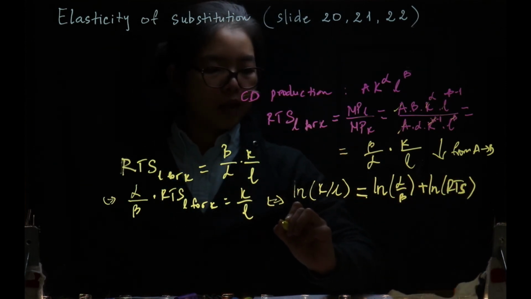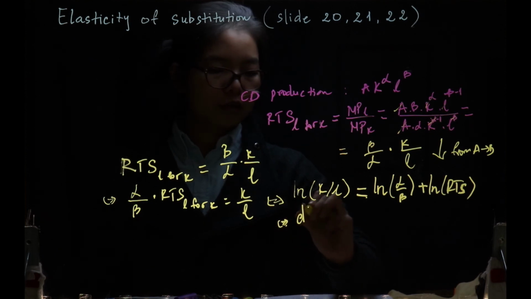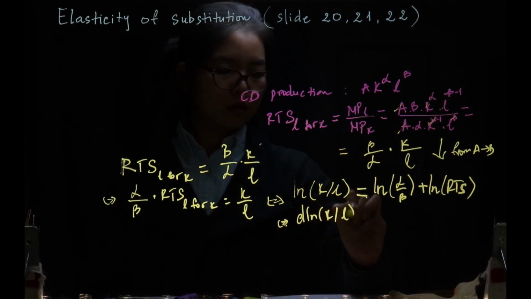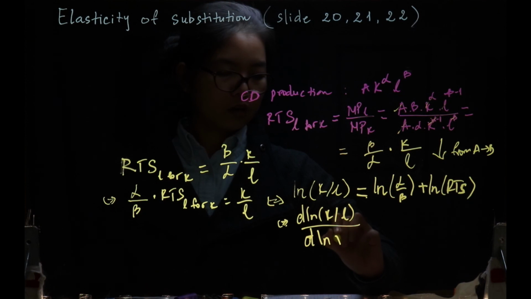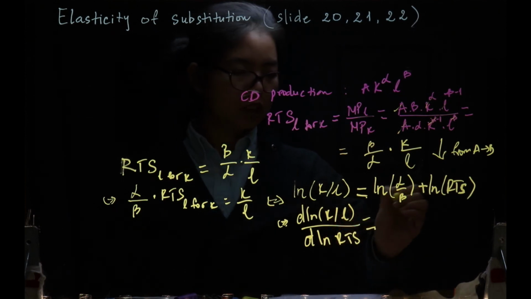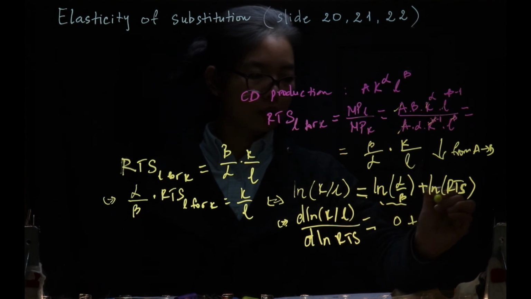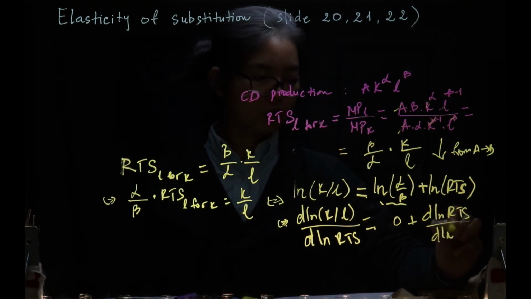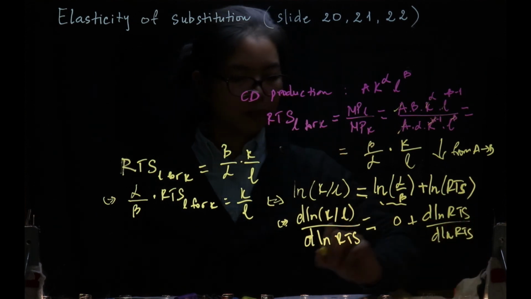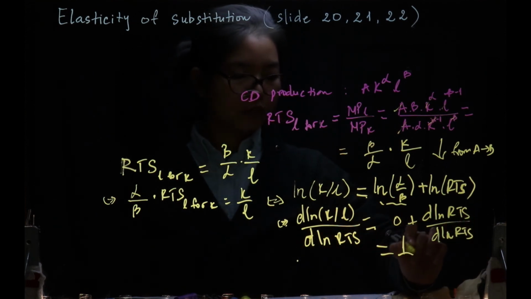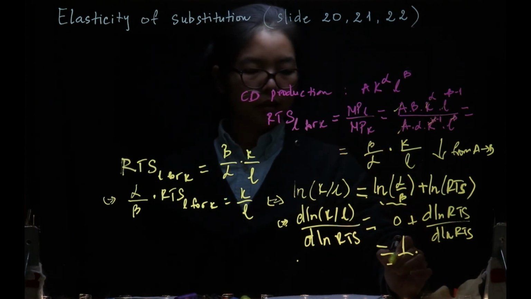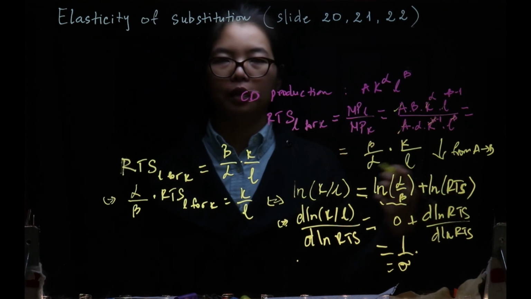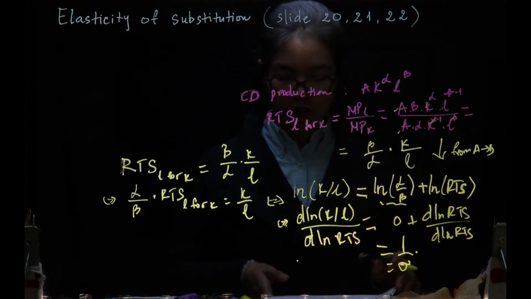Then you take the derivative with respect to the natural log of RTS, right? By definition, here this one is gone, plus the derivative of the natural log of RTS with respect to itself. Sorry, the natural log of RTS, not RTS. So that equals 1. So in this case, the sigma is constant at 1 as you move along the isoquant.